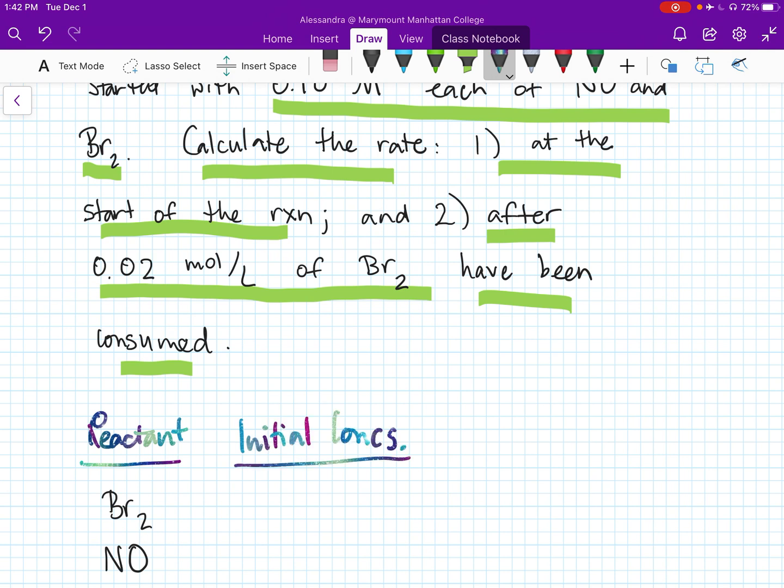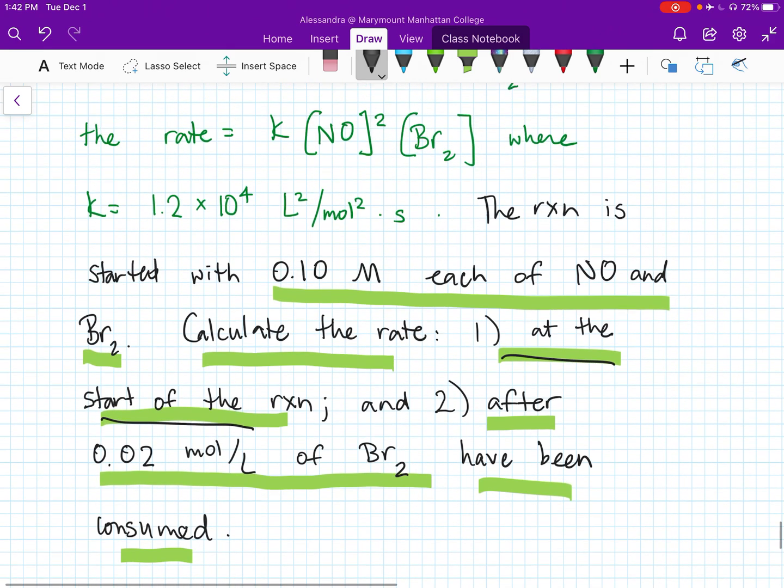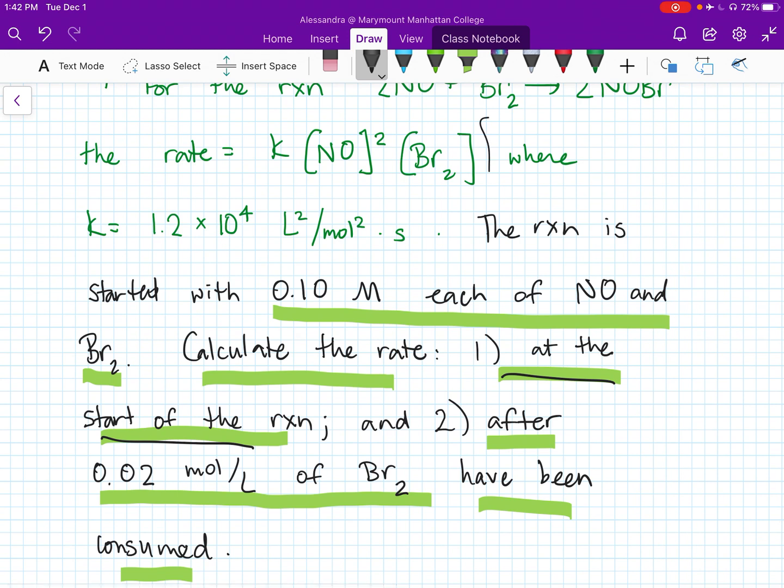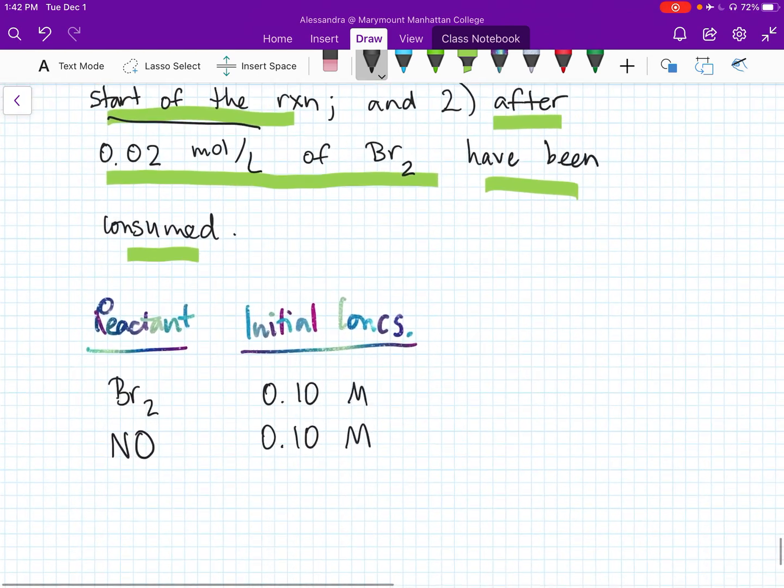So the initial concentrations are going to be 0.10 molar for each of them. Okay, I think that's probably enough to figure out the rate at the start of the reaction anyway, because we know what the rate law is, and we know what the value of K is. So it comes down to plugging in the numbers.